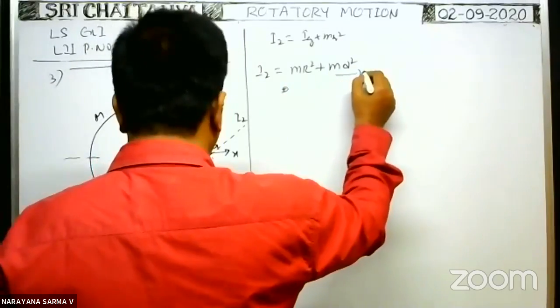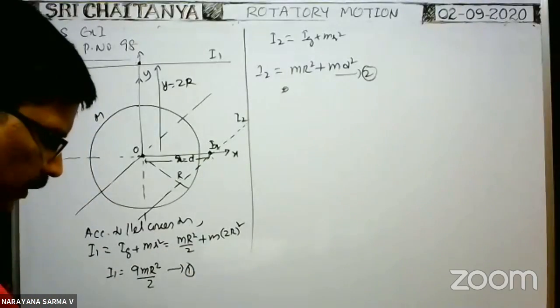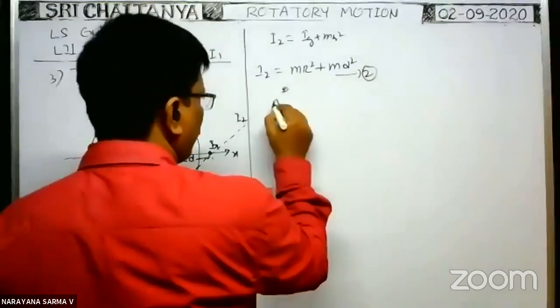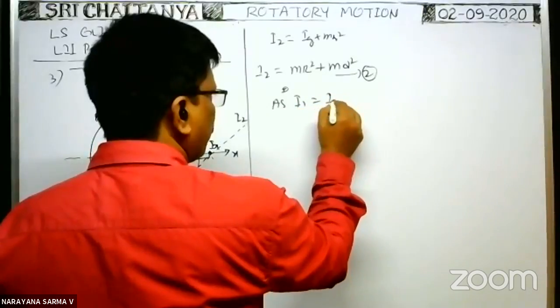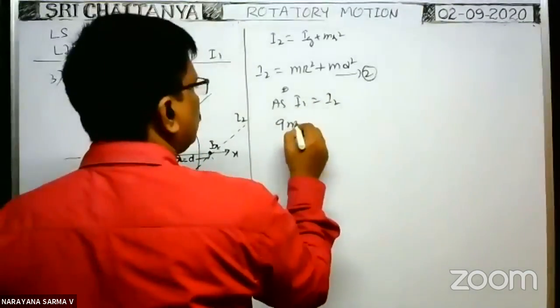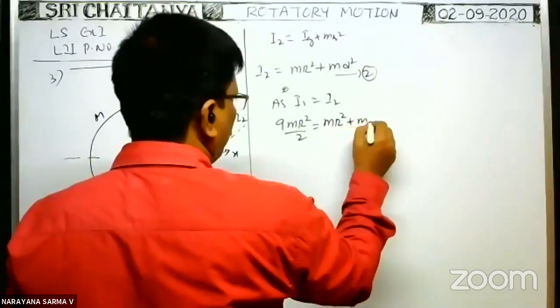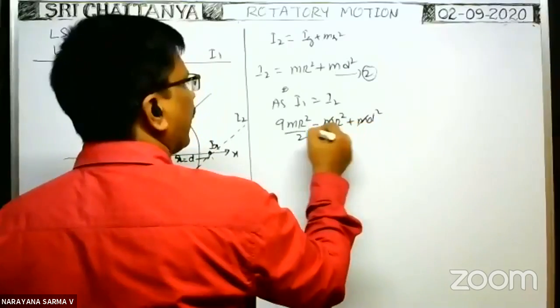This is equation 2. If I1 and I2 are equal, then what about the d value? That is the question. As I1 and I2 are equal, you make them equal. I1 means 9 m r square by 2. I2 means m r square plus m d square. So we can cancel m.